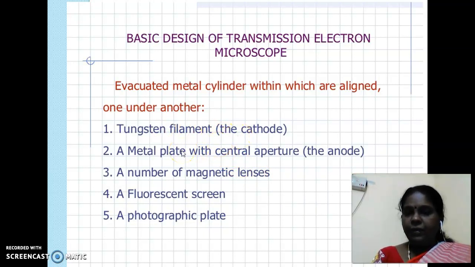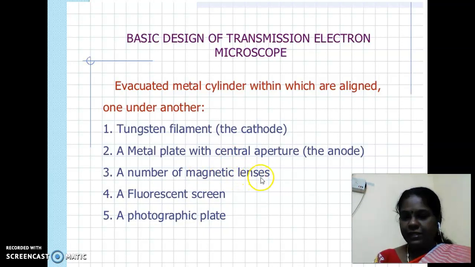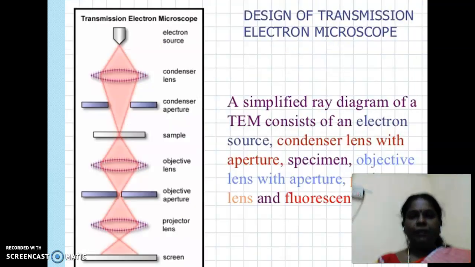Then there is a metal plate with a central aperture which is an anode. So high energetic electrons are accelerated towards the anode and can be condensed and magnified using magnetic lenses. And at the end of the highly evacuated tube, we have a fluorescent screen or a photographic plate. So this is the design of the transmission electron microscope.